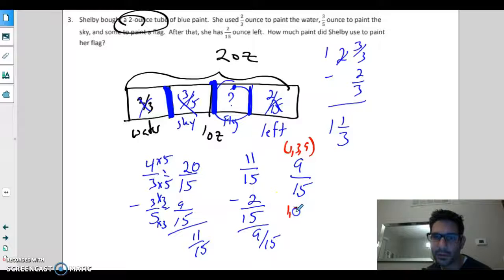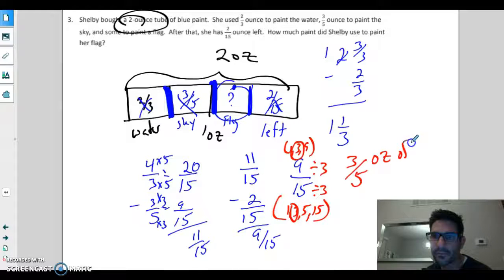And then 1, 3, 5, 15. Those are my factors. So divide by 3, you get 3/5 ounces of paint for the flag, or 9/15. Either one, okay?